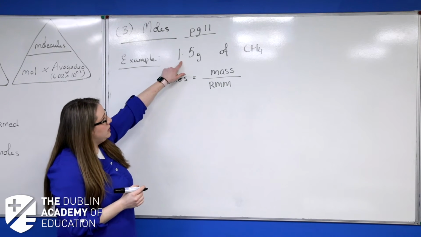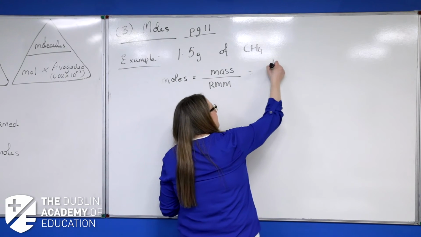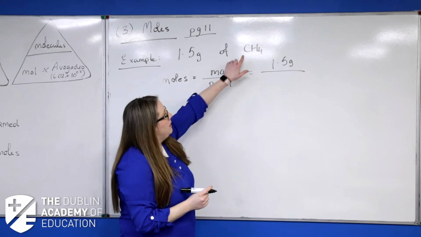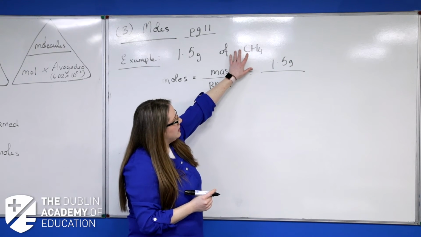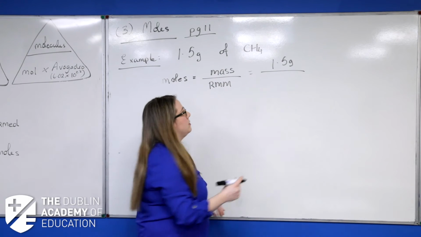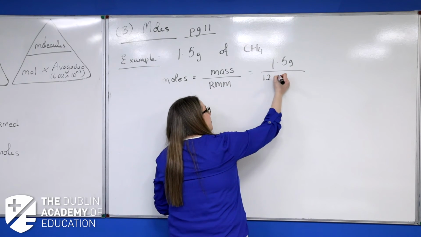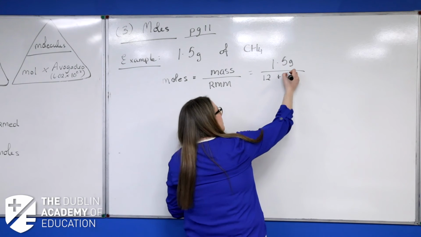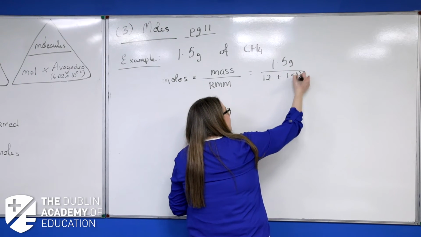Now the mass has been given to me in the question, it's 1.5 grams. The RMM of methane, so now this is what we worked out at the start. So we have carbon, there's one of them, so it's just 12. Plus hydrogen, there's 4 of them, and it has a mass of 1.